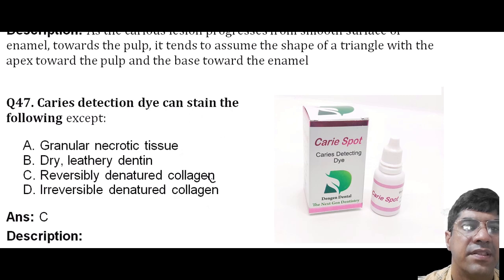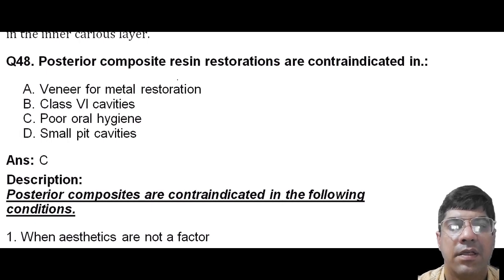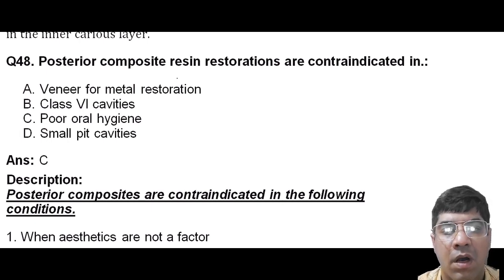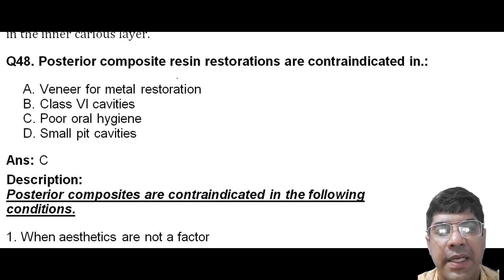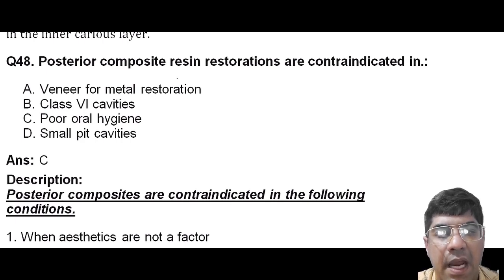So the answer is C. The posterior composites are contraindicated in the following. Composite resin restorations require good oral hygiene maintenance to prevent recurrent decay and ensure the longevity of the restoration.